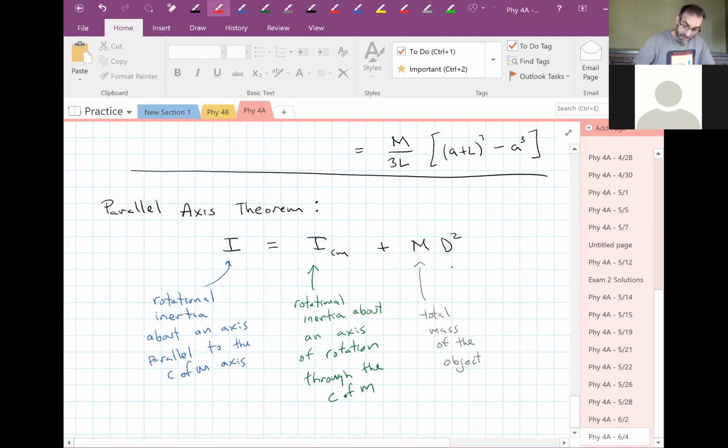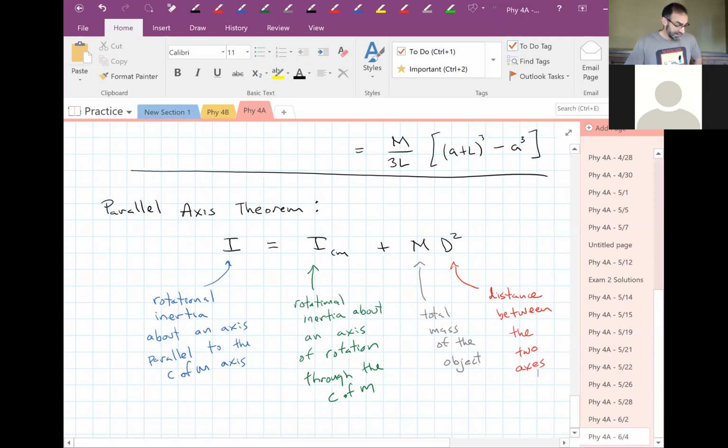And D is the distance between the two axes. Whoa, what was that? Okay, it's easier than it looks here.